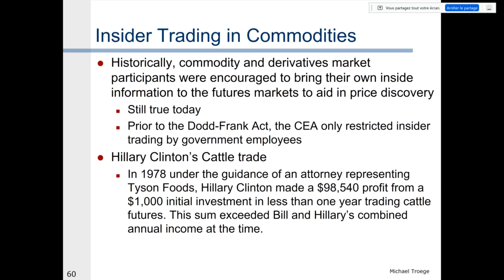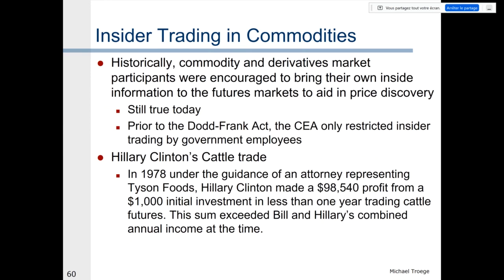Because these markets are supposed to integrate, as I explained before, the prices are supposed to reflect the available information. If you don't allow informed farmers or informed industrialists or speculators to trade on their information, then you cannot expect that the prices you see are a reliable reflection of the overall information in the market.